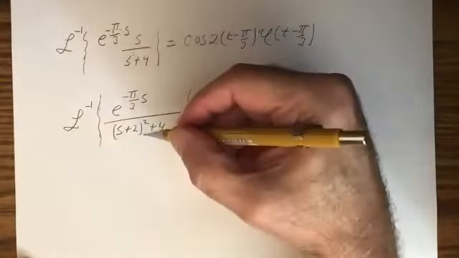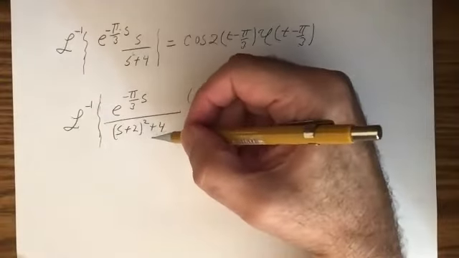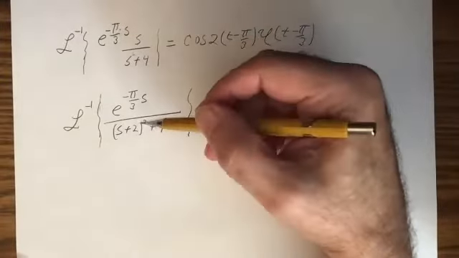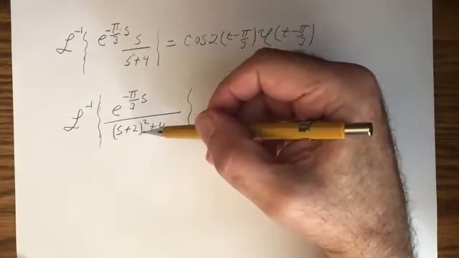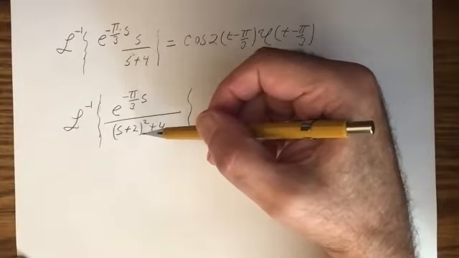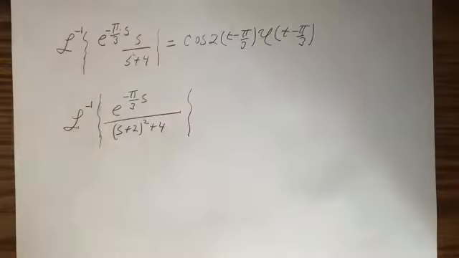In addition to the unit step function, you also have to use the s-axis theorem, the shifting theorem that we talked about yesterday. You have to use both. I'm going to try to break this down for you, but I want you to try it first.